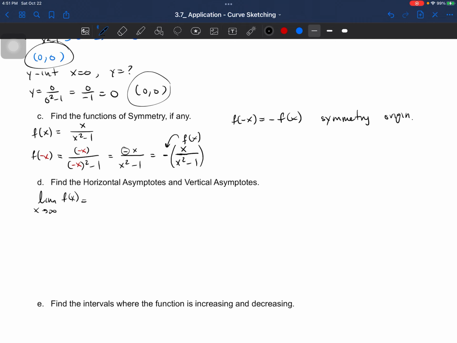Let's talk about now the horizontal asymptote and the vertical asymptote. The horizontal asymptote is the end behavior of the function. So as x goes to infinity, let's see what happens to the function. What we're going to do here is divide both the numerator and the denominator by the variable term with the highest power, x squared.